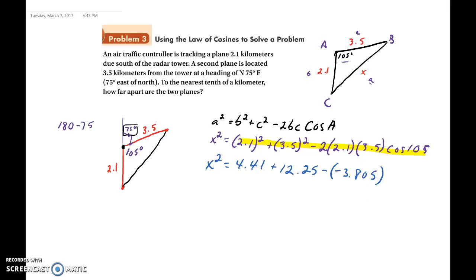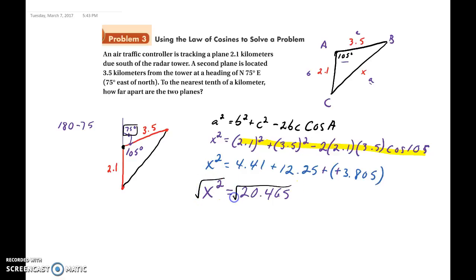The minus negative will then turn to plus. So we add 4.41 plus 12.25 plus 3.805, which is equal to 20.465.